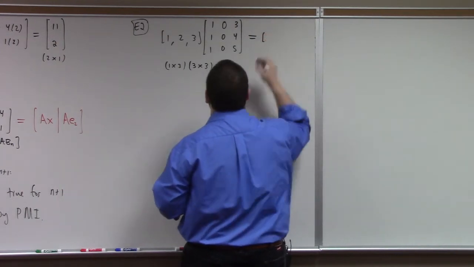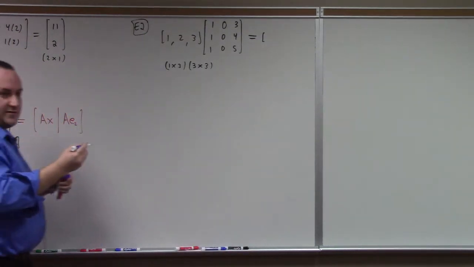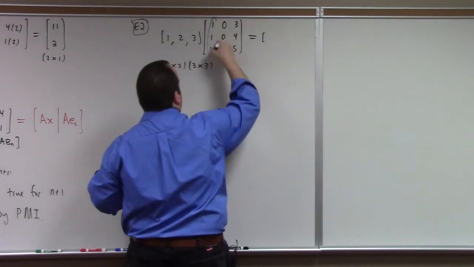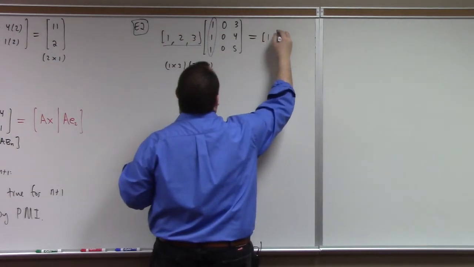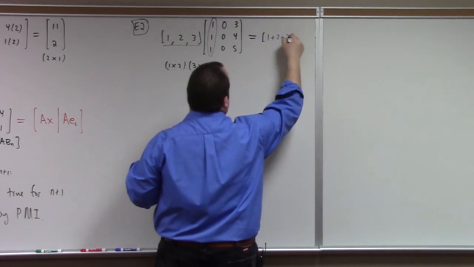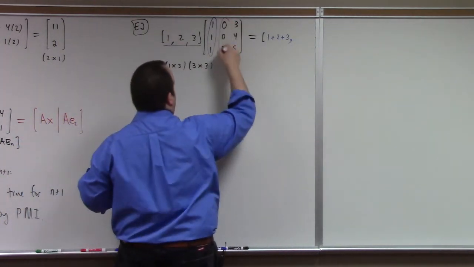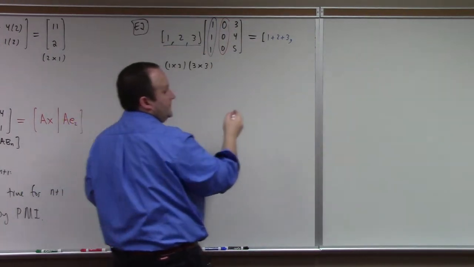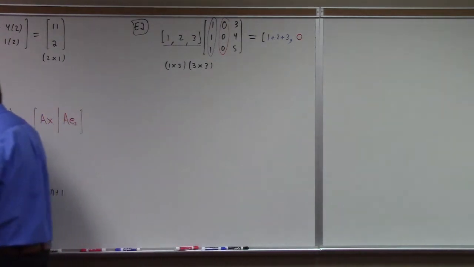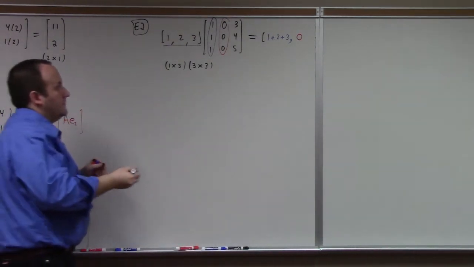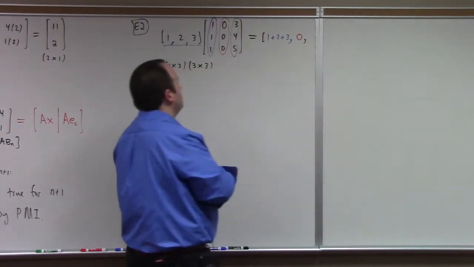So how do we do that one? I'll use some color coding. Basically take the dot product of this one with that, and that gives me 1 plus 2 plus 3. Then I take the dot product of the second column with that. That gives me 0. Then I take the dot product of the third column with that row.